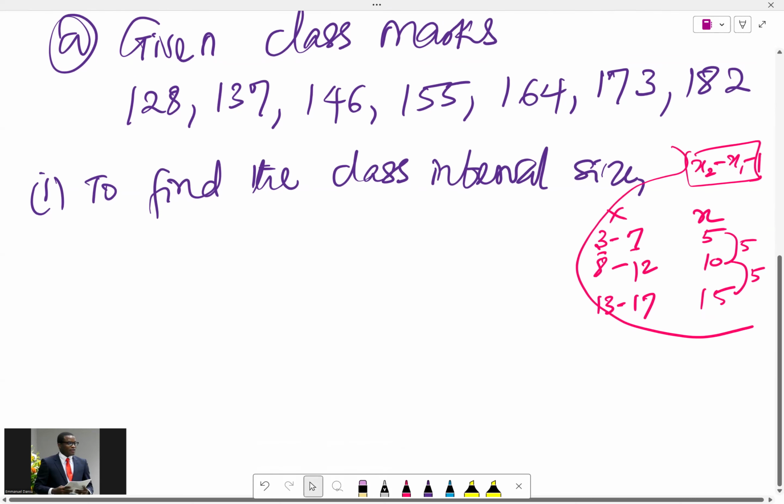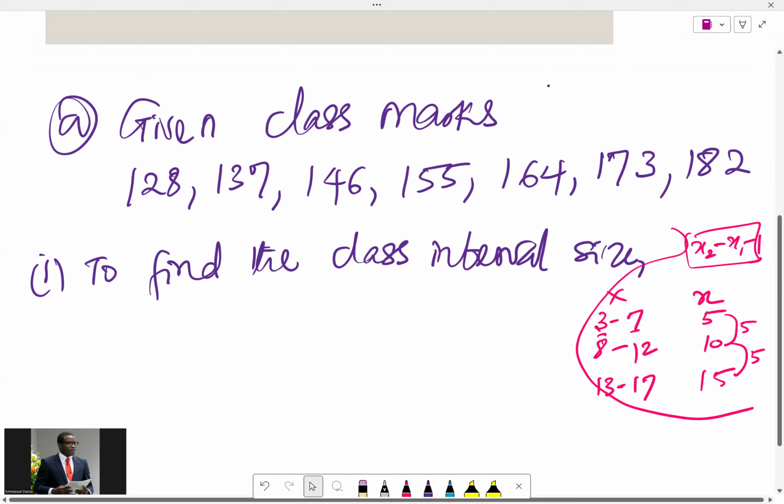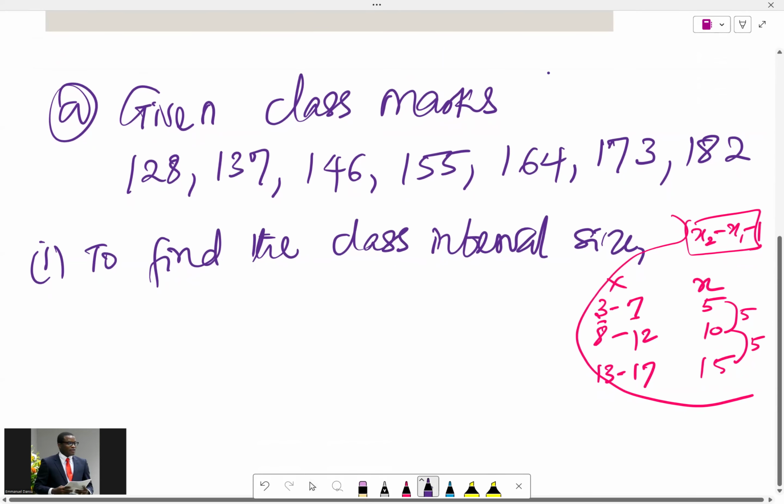So we want to find the class interval size. You can already see that if this is x1, x2, x3, x4, x5, x6, and x7, we don't need everything because the pattern is clear.